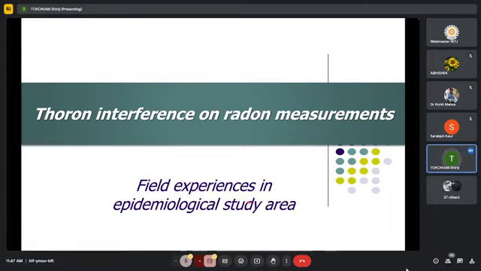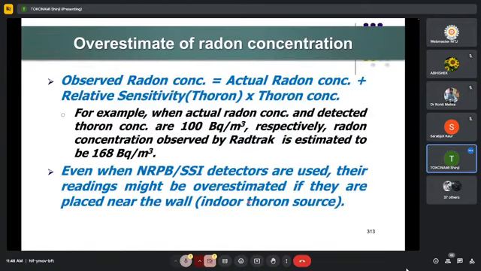I also explain the thoron interference on radon measurement based on field experiences in epidemiological study areas. We can explain the overestimate of radon concentration like this. Observed radon concentration equals actual radon concentration plus relative sensitivity for thoron times thoron concentration.